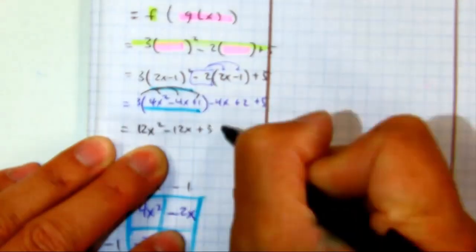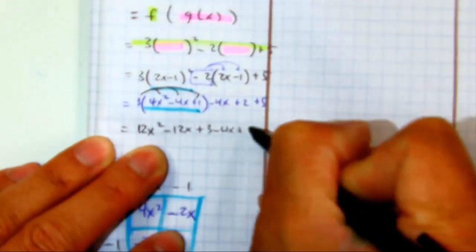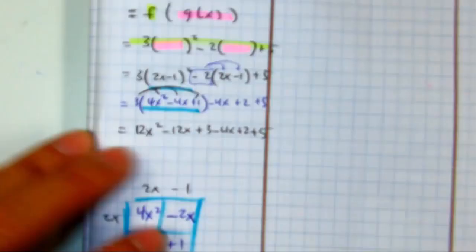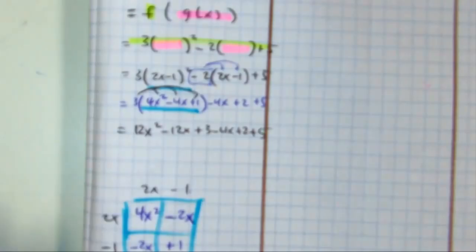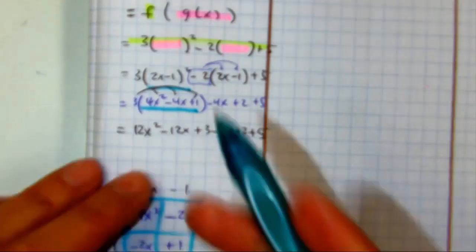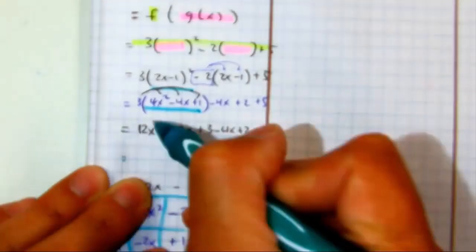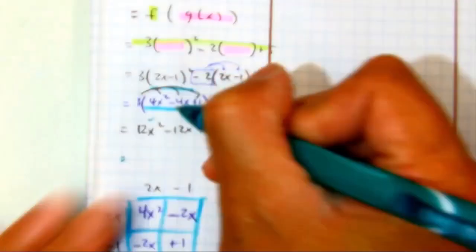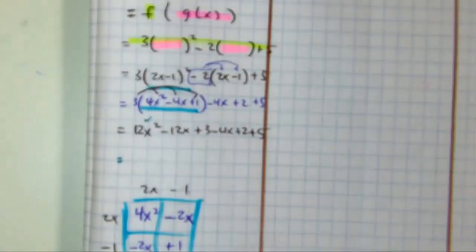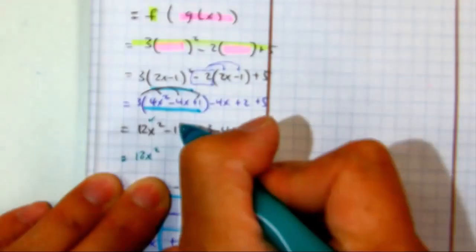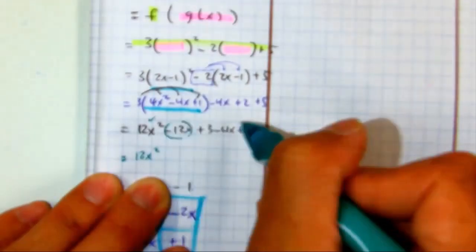And then all this just comes down. And then we're just looking for anything that is like terms. There's nothing like terms. So when you have a lot of terms, I like to put little check marks above them to know that I took care of it. Circle like terms or use symbols if you want to.